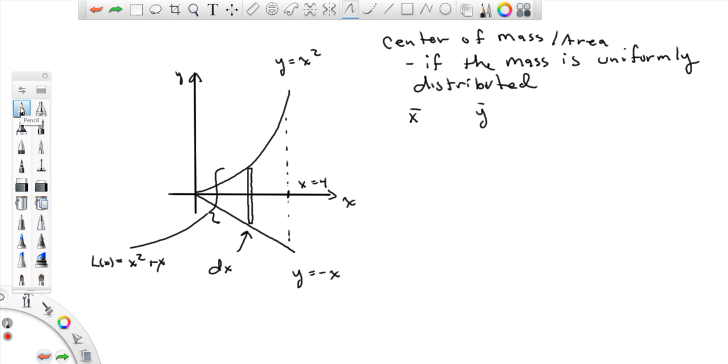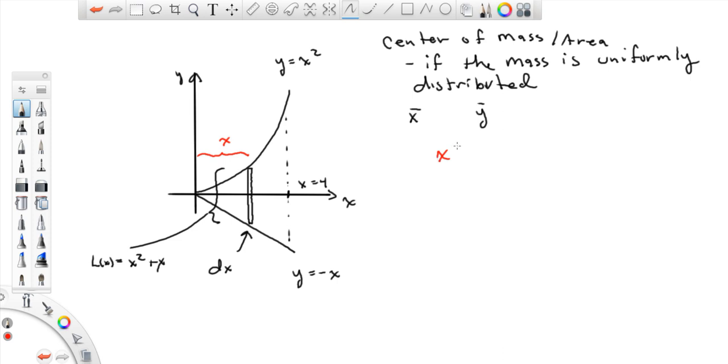All right. So now what we're going to do is average the x coordinates of each of these rectangles. I'll leave this in red. So if I take x, I need to assign a weight to it.